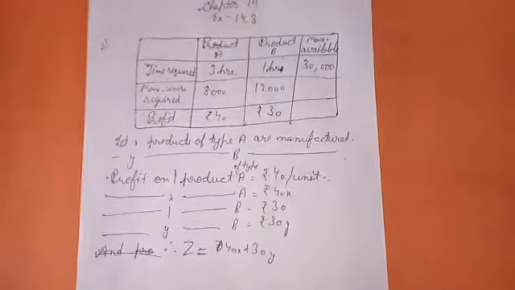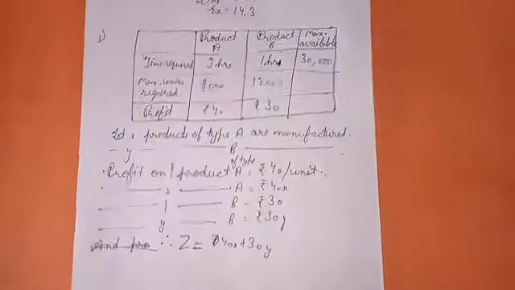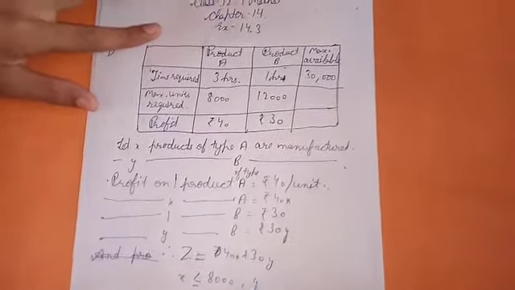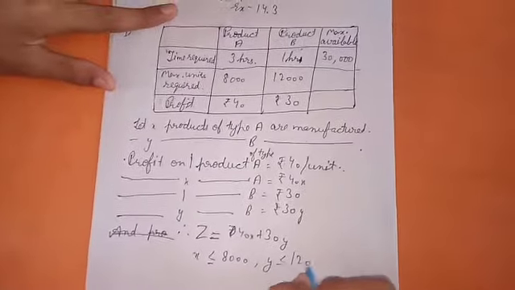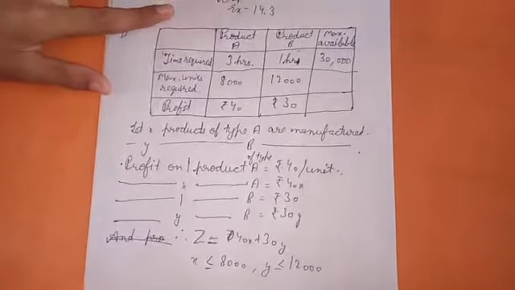Now we talk about constraints. What constraints are given? x should be less than or equal to 8000, y should be less than or equal to 12,000, and 3x plus y must be less than or equal to 30,000.